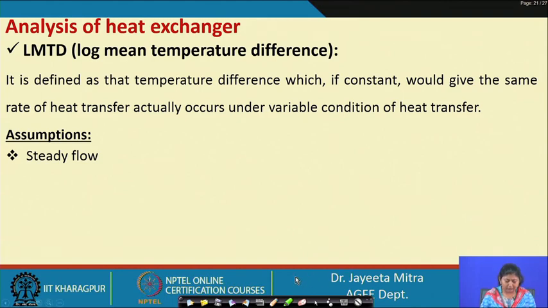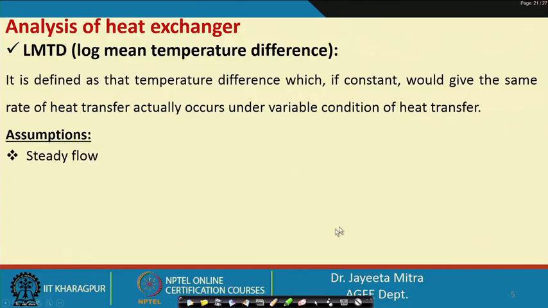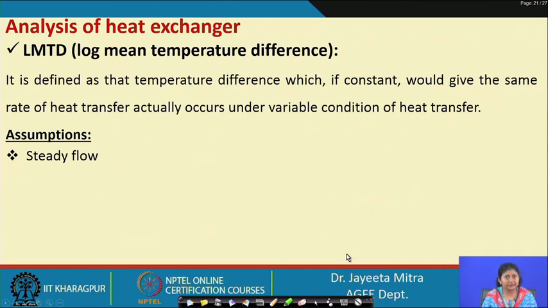In most cases of heat exchangers, we consider steady flow, because a heat exchanger normally is allowed to run for a longer time. Generally the heat transfer in a heat exchanger follows the steady state. So, we take certain assumptions here to calculate the log mean temperature difference.